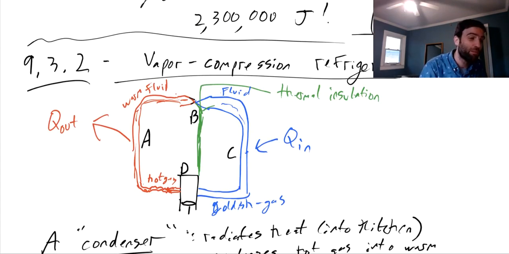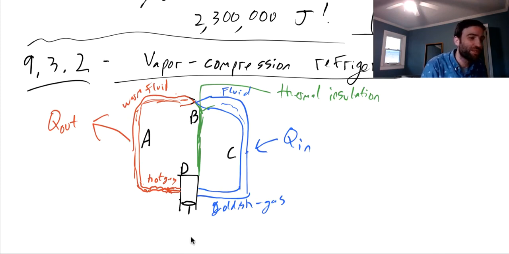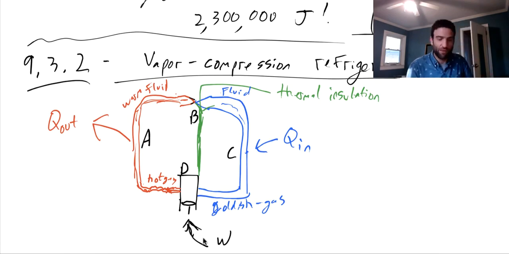We are pumping in work at the compressor, right? So we supply work, electrical energy that runs this compressor, and what happens as a result? We take some amount of heat into this refrigerant fluid from the cold part of our fridge, and we release it back into our kitchen or vent it out into the atmosphere or something in this other part of the cycle. And there you have it.